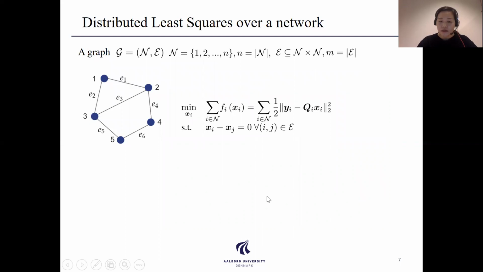Here, the local objective function is given by this quadratic term, where yi is the decision variable at node i, and qi is the observation or features at node i. Overall, we also need to follow certain constraints. For example, here we would like each node i in the network to have the identical solution, so we would like xi and xj to be exactly the same.